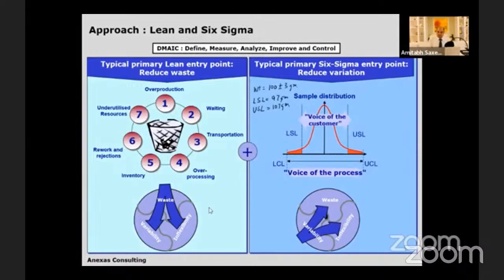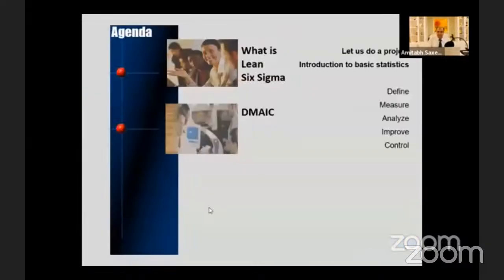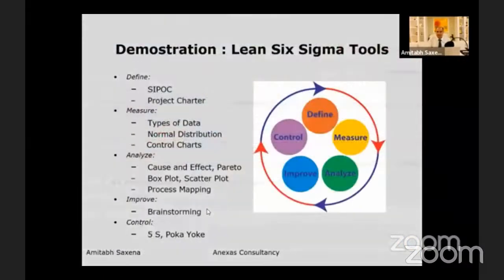Now let us do a project. So in this company, we'll be learning some tools and techniques like CPHQ, Project Charter. They are all listed here. So we'll be going through these tools one by one.